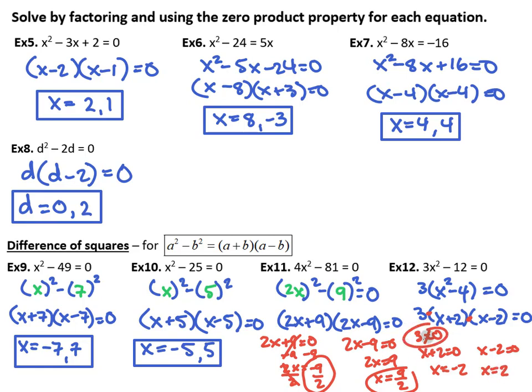So in this case, 3, not being a variable, not having x with it, just doesn't give us an extra solution. 3 obviously can't be 0. It's 3. So we only get 2 solutions here because we only had 2 different places with x.